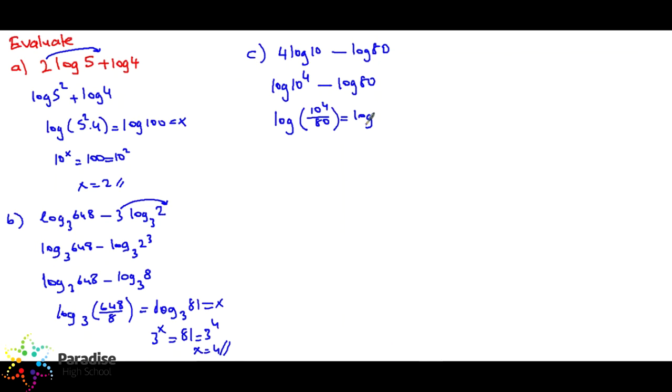So that makes logarithm, what is 10 to the power of 4? 10,000 divided by 80. That makes 125. Logarithm 125. 5. So that's the answer. Number D.